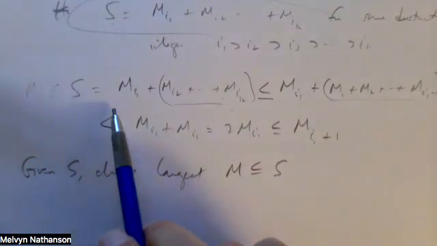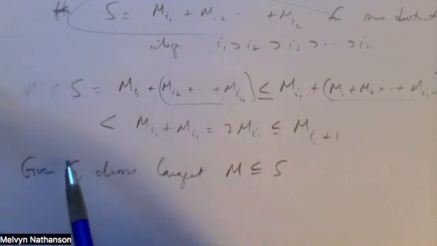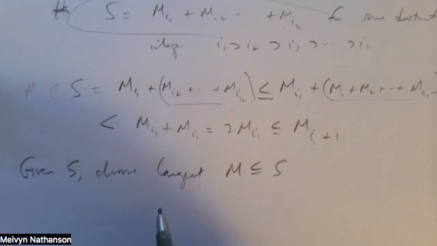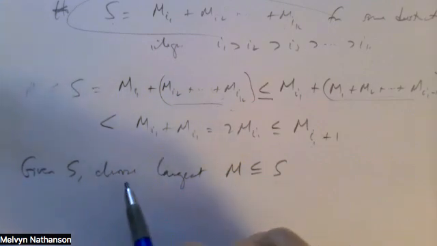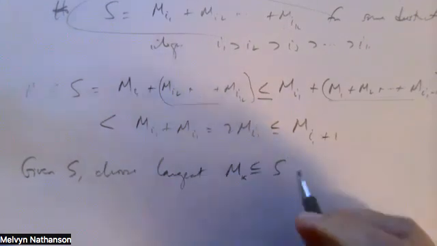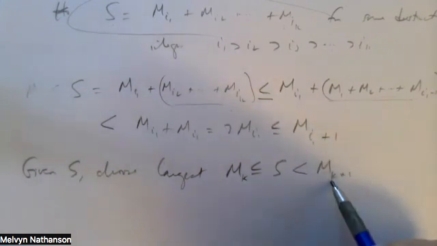We know that S is a subset sum. So let's say the largest M less than or equal to S, let me just call it M sub K. So M sub K is less than or equal to S and less than M sub K plus 1, because the next bigger number would be too big.